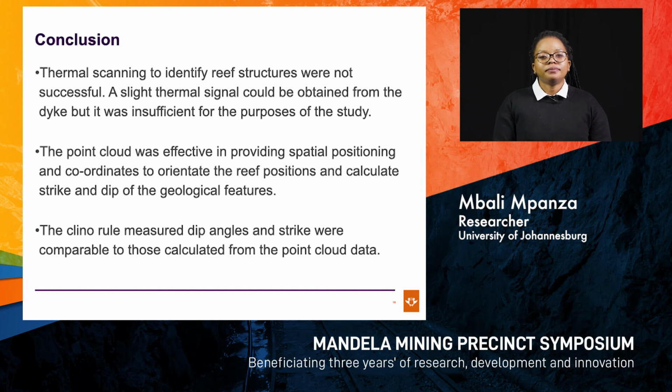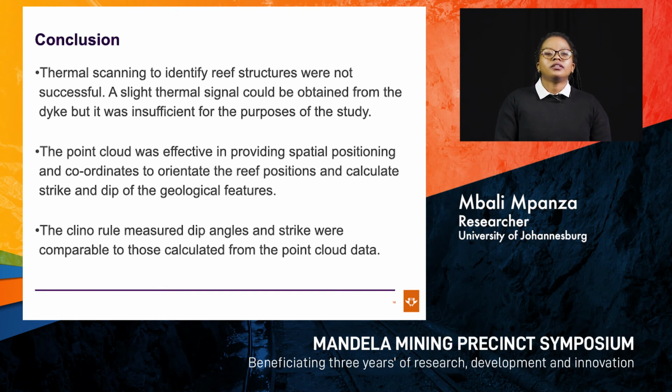In conclusion, the thermal scanning did not give us much information in terms of the contrast or the reflectivity indexes of the reef or the different structures that you intersect underground. So it really didn't work. We didn't achieve what we had set out to obtain from the thermal scanning.